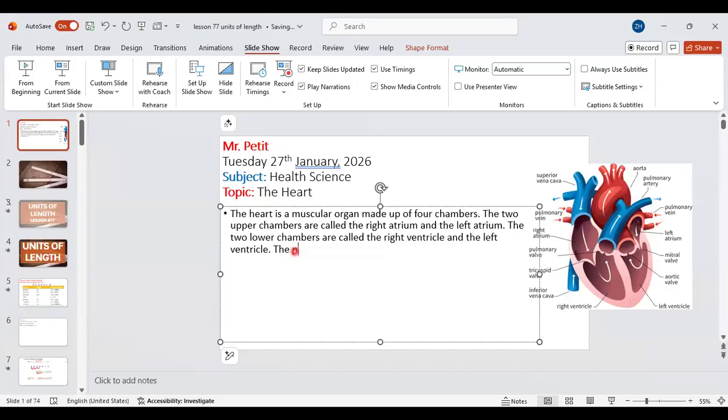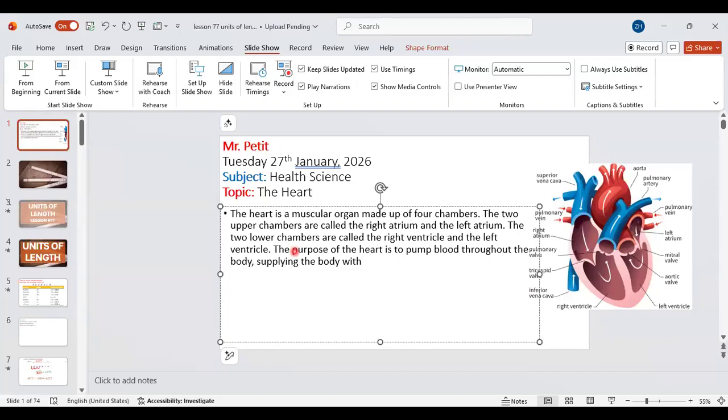The purpose of the heart is to do what? To pump blood throughout the body. Very good, to pump blood throughout the body, supplying the body with, why do we need the blood to go to all the parts of the body? Oxygen. Very good.